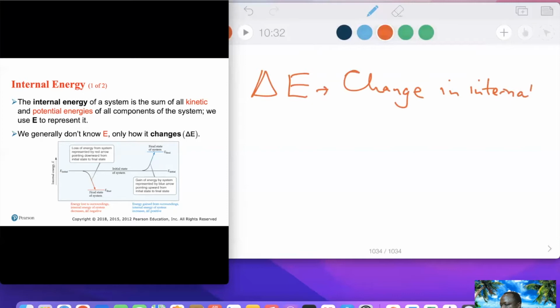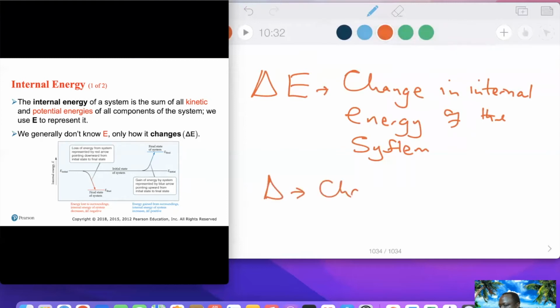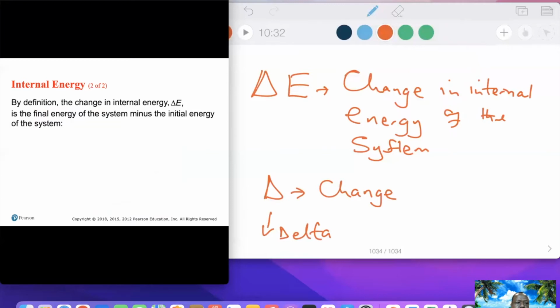Delta E means change in internal energy of the system.